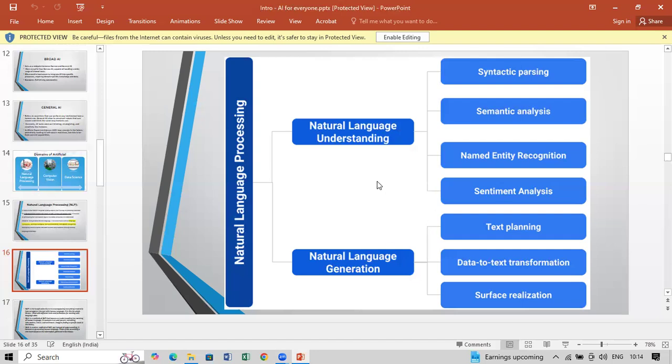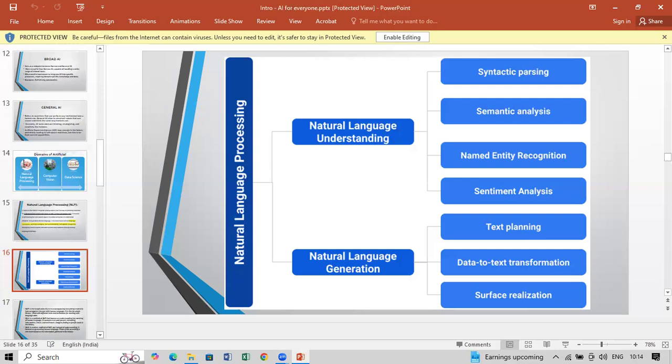Right? When you talk about understanding of the language, there are these terms which, as of now, you might find a little absurd. Syntactic parsing, semantic analysis, named entity recognition, sentiment analysis, which all come under understanding.